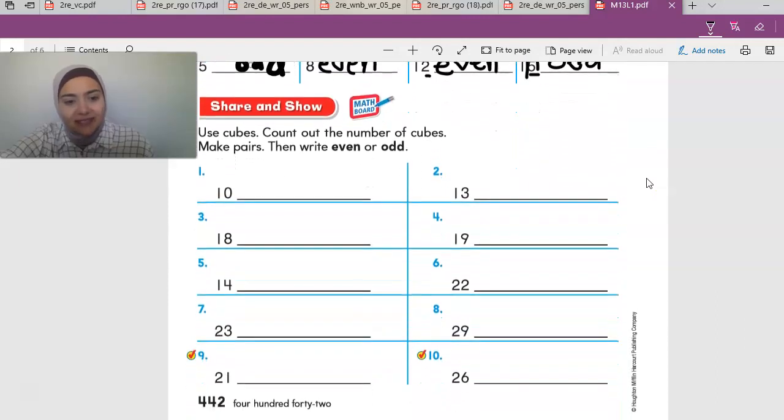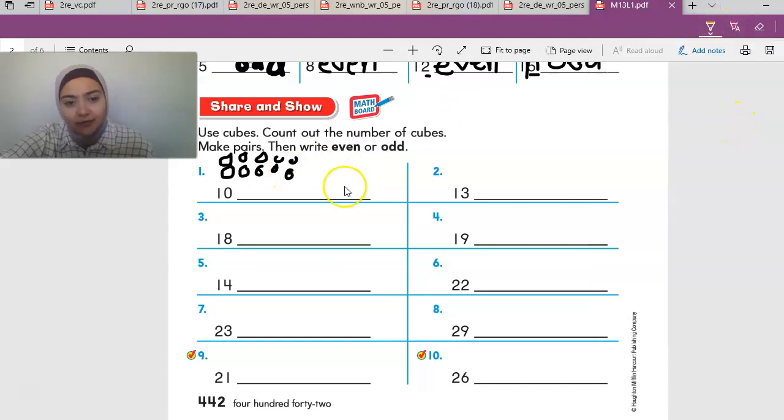All right, so use cubes, count out the number of cubes, make pairs, and then write even or odd. So we don't have cubes, so what we're going to do is if you would like, you can draw 10 cubes. 1, 2, 3, 4, 5, 6, 7, 8, 9, 10. And then you can start circling.